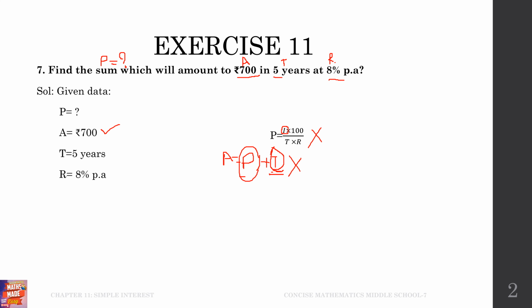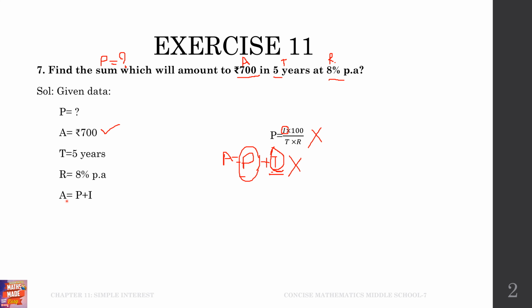So now how to solve it, right? Here you need to think a bit children. We all know this formula: A is equal to P plus I, sorry children, right? We don't know P value as well as I value. We know only A value. Just by knowing one number, we cannot solve it.